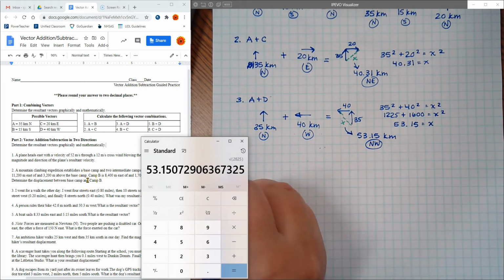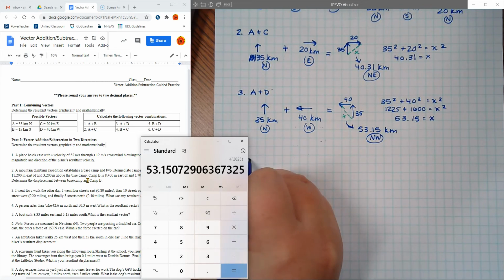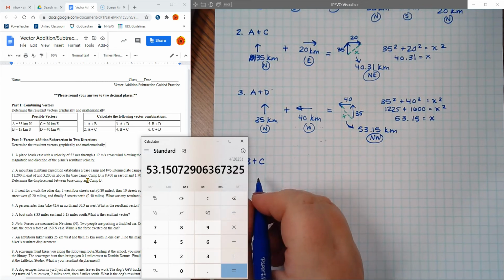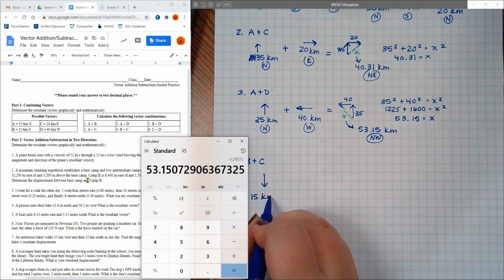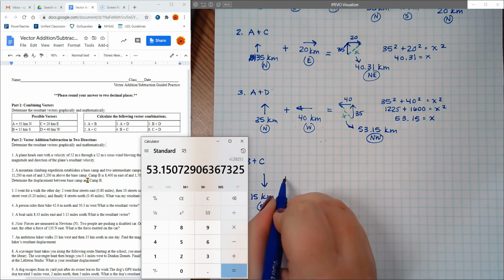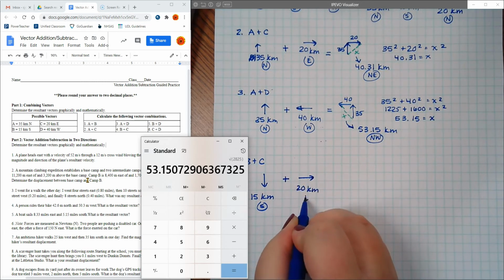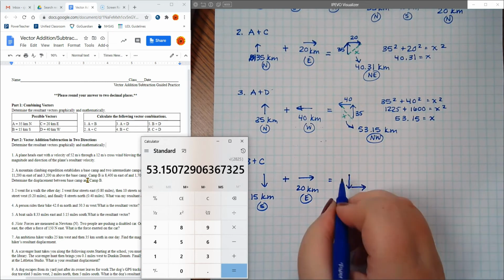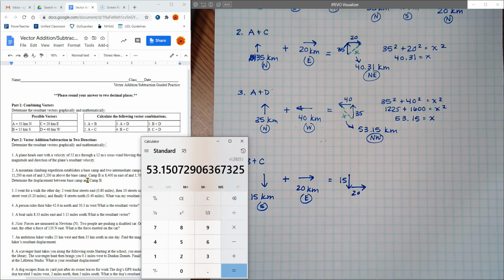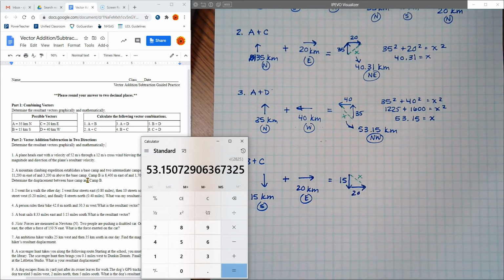I'll do one more of these, maybe something different than with A. So number 4 has B plus C. Vector B is 15 kilometers south, and C is 20 kilometers east. I have to draw these nose to tail, and then I can figure out what X is. So X is considered the resultant vector.